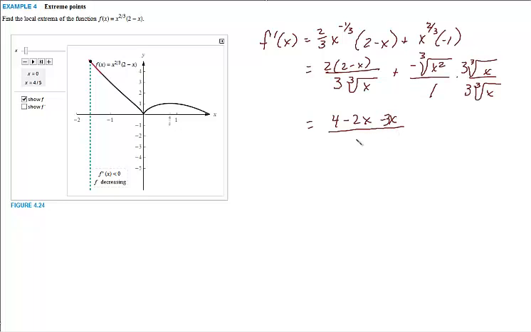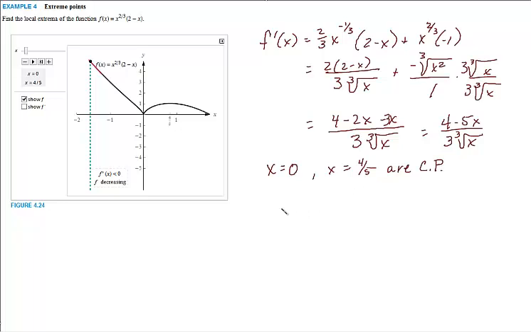There we go. And on this denominator here, I'm going to have 3 cube root x. Good. So I have 4 minus 5x all over 3 cube root x. I need the places where f prime is undefined. X equals 0 and x equal, move the 4 over, that would be 4/5 are critical points.